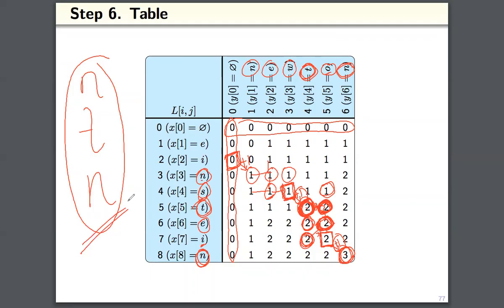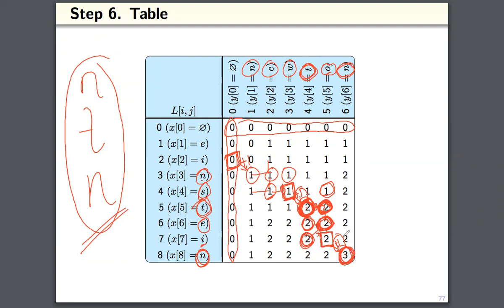There can be many other longest common subsequences. We arbitrarily broke the ties, but if you consider all possibilities, there can be a lot of solutions. But here we are just saving the length of the longest common subsequence.